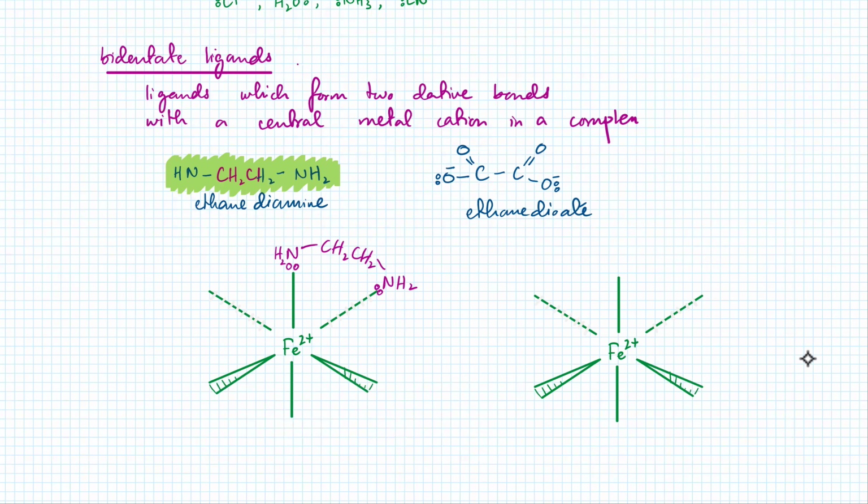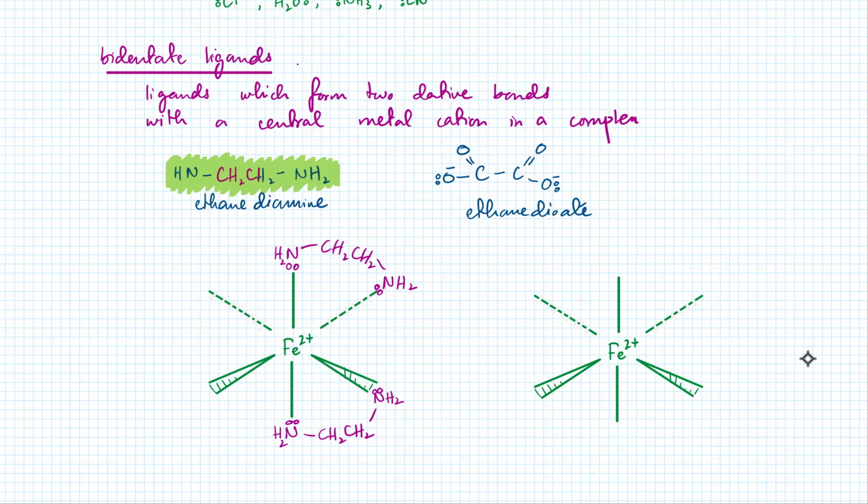You get the same thing over here. There's going to be another NH2, and you're going to have CH2 and CH2. The lone pair is getting attached from one side, and the lone pair is getting attached from the other side.